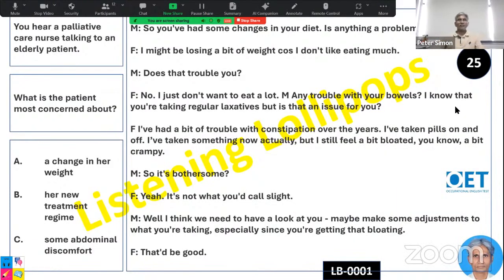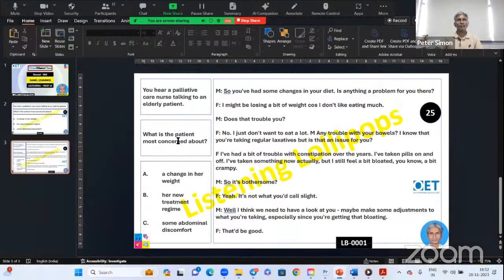Right, now let us see here. Let us see this point very clearly.